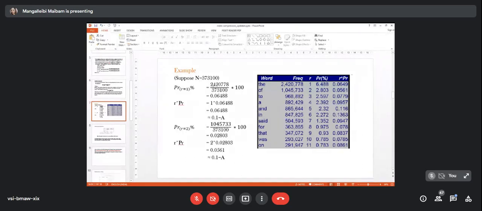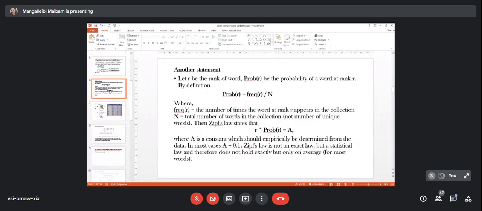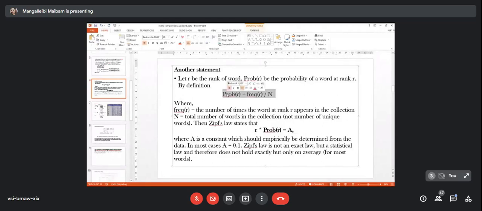Now suppose you have N equal to 373,100. We are going to find all the probabilities, and we will be finding these two formulas, this one and also this one.